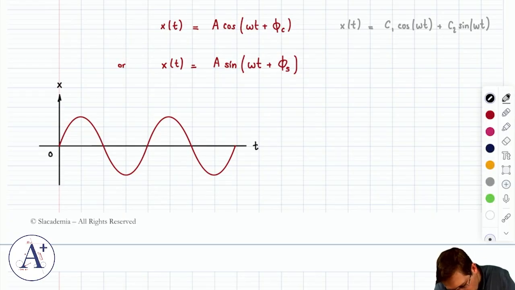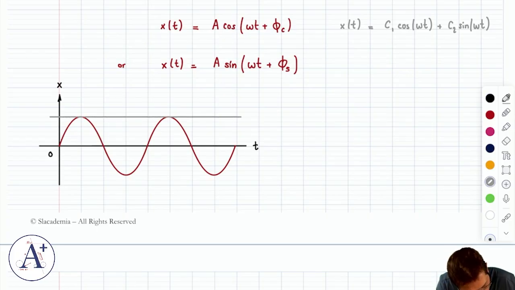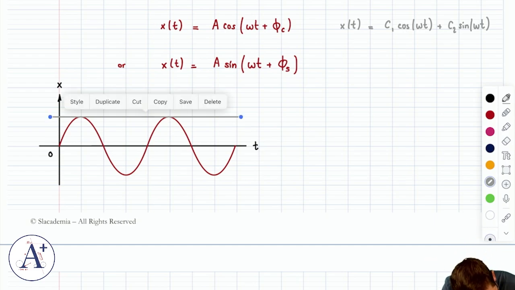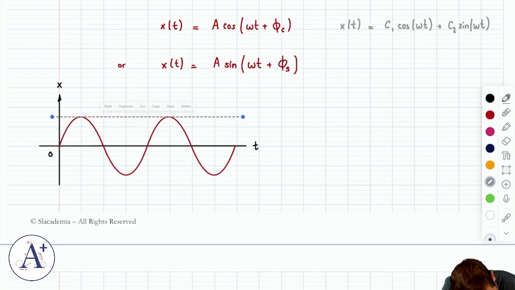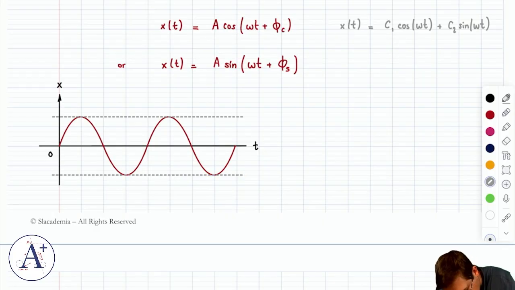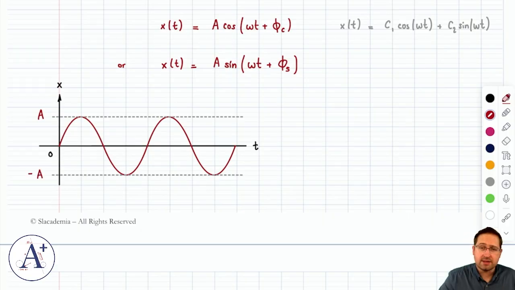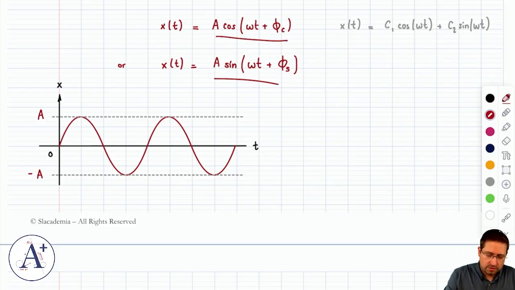Okay. So this is going to represent oscillations that never stop. This height here doesn't decrease as time goes by. This thing just goes on forever. Okay. And we're going to have two dotted lines here that are going to bound this graph. This is going to be x equals A. This is going to be x equals minus A, because cosine and sine oscillate between minus 1 and 1. So A cosine and A sine oscillate between minus A and A.